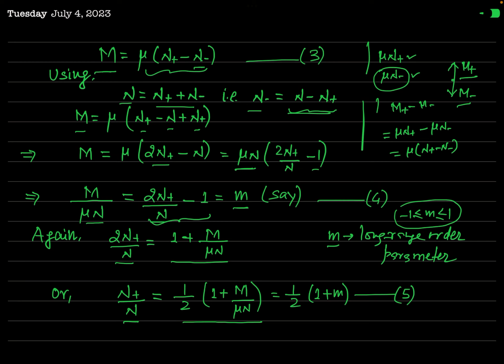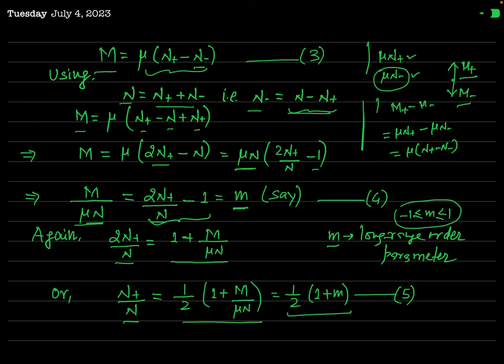And as you have seen, m divided by mu n is equal to m. So instead of m by mu n, you can write m, and so the expression for n plus divided by n becomes 1 by 2, 1 plus m.